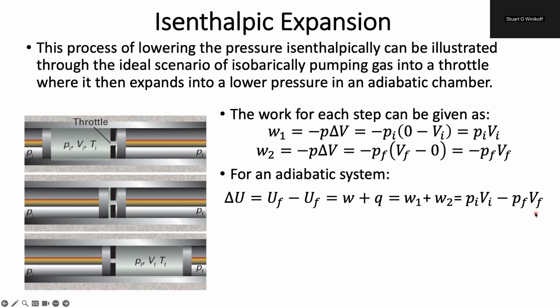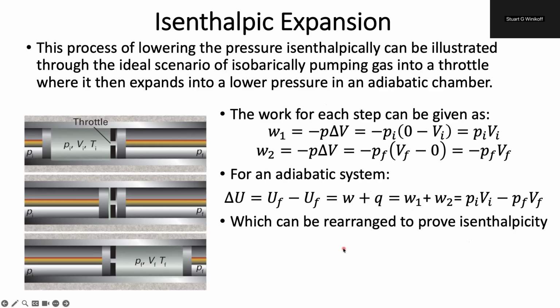And again, this is fairly useful in that we can use this for any sort of compression or expansion, but looking at this extreme case will be very handy. Now what we can do is rearrange this equation to show that this change is isenthalpic. Now what we can do is relate the initial internal energy and initial volume to the final internal energy and the final volume. Now when we do so, moving all the final terms to one side and all the initial terms to the other side, this is actually fairly useful because notice the internal energy plus PV equals internal energy plus PV.